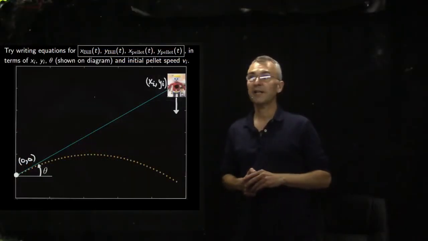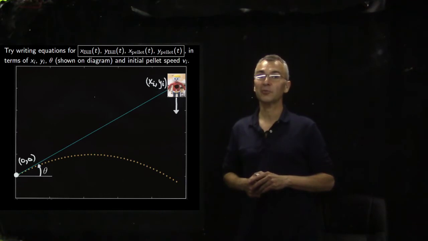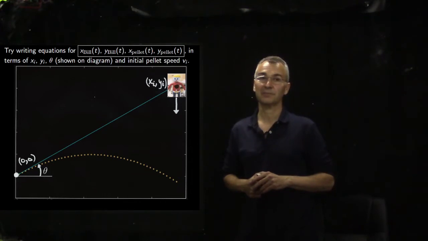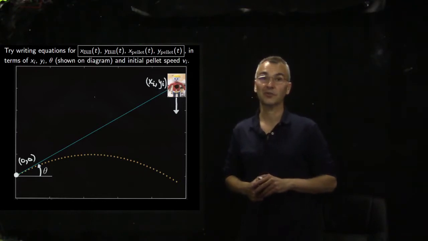So let's try writing equations for the x and y coordinates of Mr. Bill versus time, and the x and y coordinates of the pellet versus time, in terms of the initial position of Mr. Bill, shown on the diagram, the angle at which the pellet is released, and the initial speed at which the pellet is released.